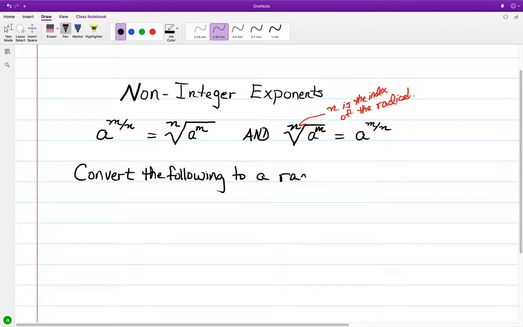In the first case, we have x to the 2/3. In this instance, m is 2, n is 3, and the denominator defines the index of the radical. So we'll end up with a cubic root, the cubic root of x squared.